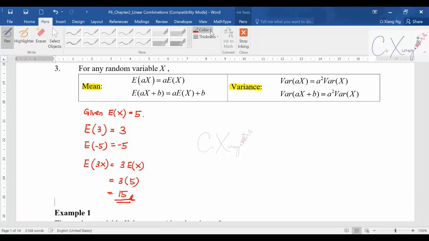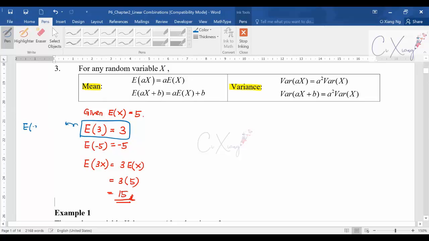Okay, so now there's one important result here, which means when you are having A as any value, E(A) is equal to the value that you have. And then when you are having E(3X) equals 3E(X), that means you pull out the 3.